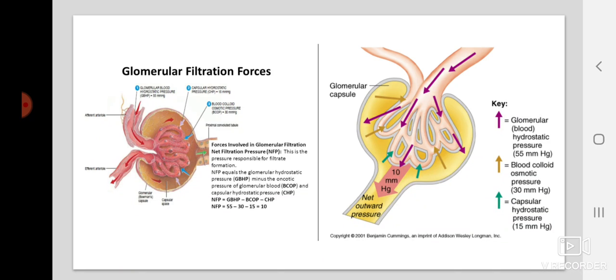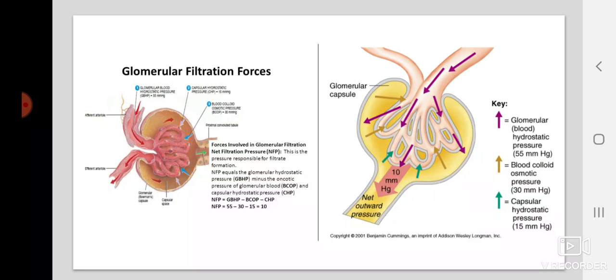The purple one is the blood hydrostatic pressure, the blood that enters from the afferent arteriole and goes into the capillary for filtration. And this green is the fluid pressure, the pressure of fluid that already exists in the space.